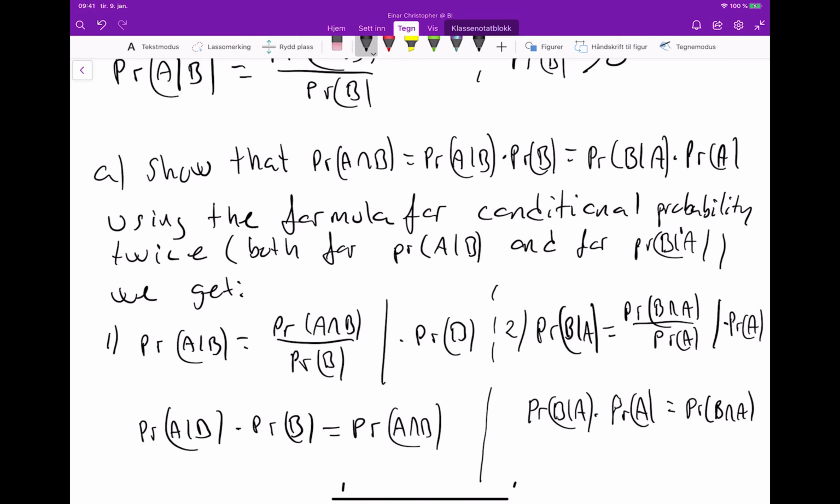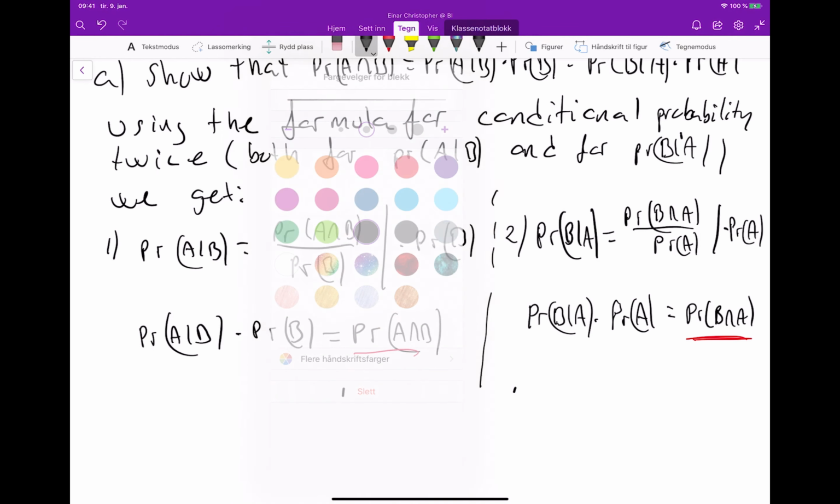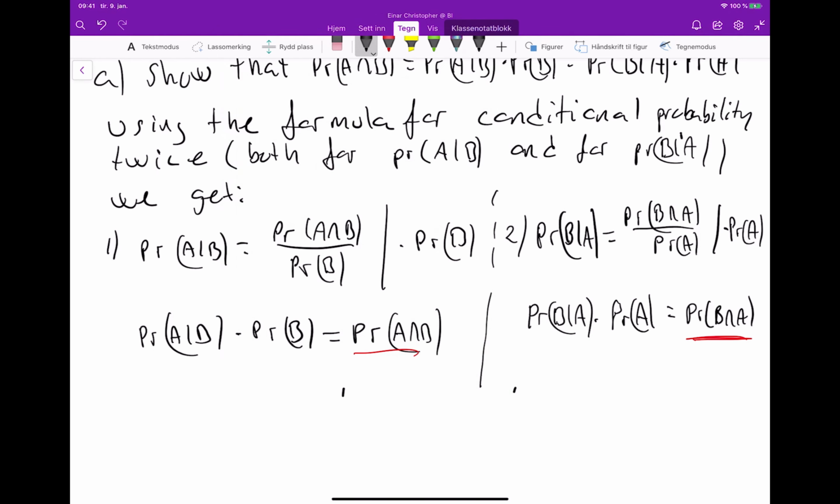And what do we now see? We see that this and this is the same. And that means that, it's absolutely possible to, if you don't understand that, we could write this as A and B, that's actually the same.